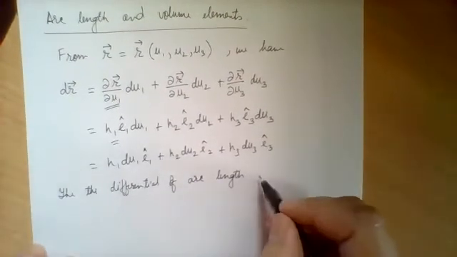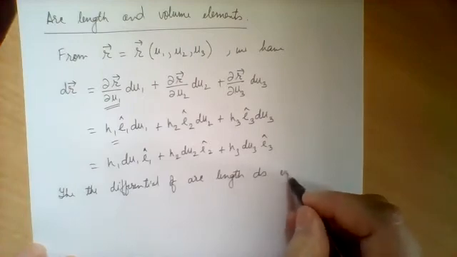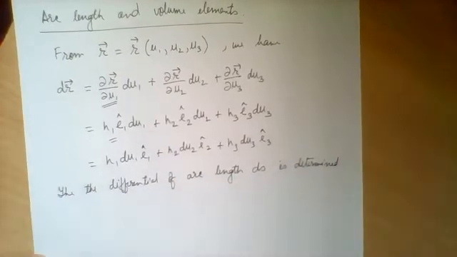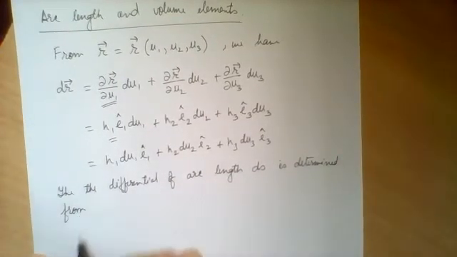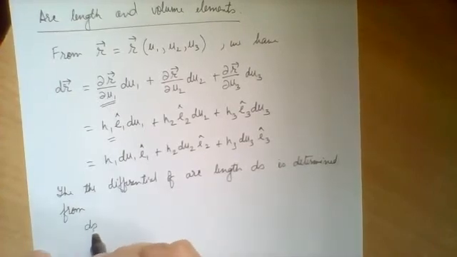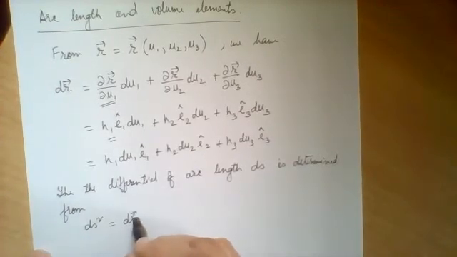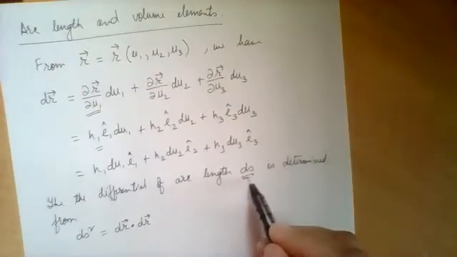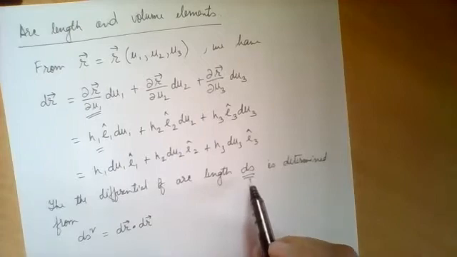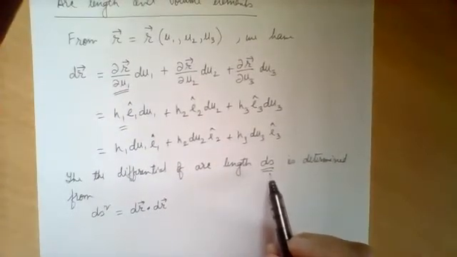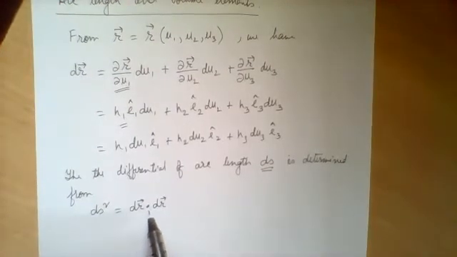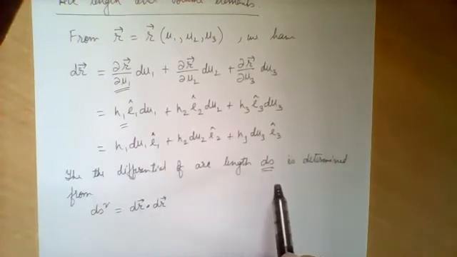The differential of arc length ds is determined from the expression ds square equal to dr vector dot dr vector.